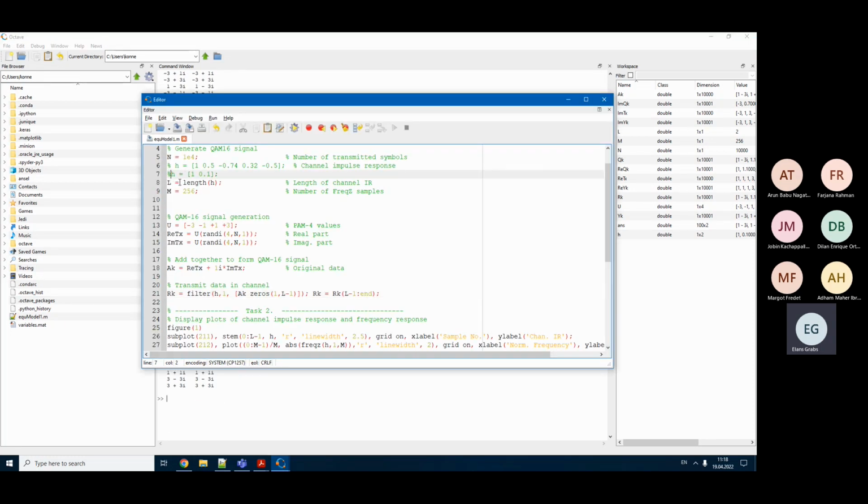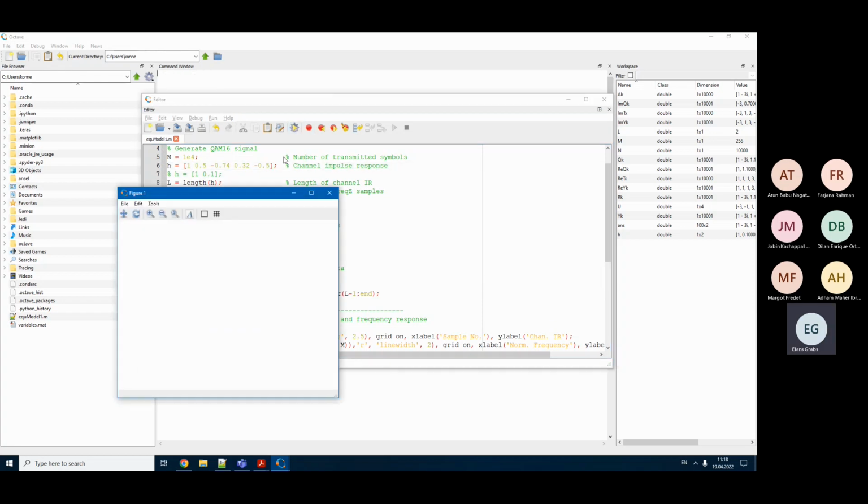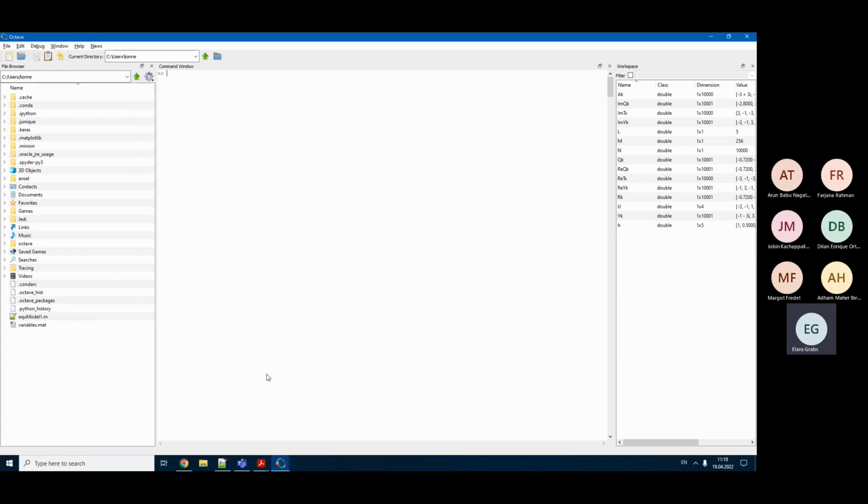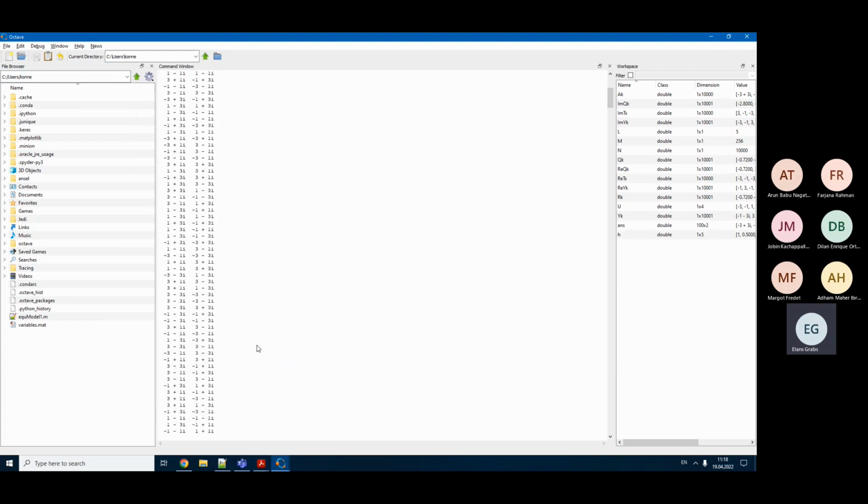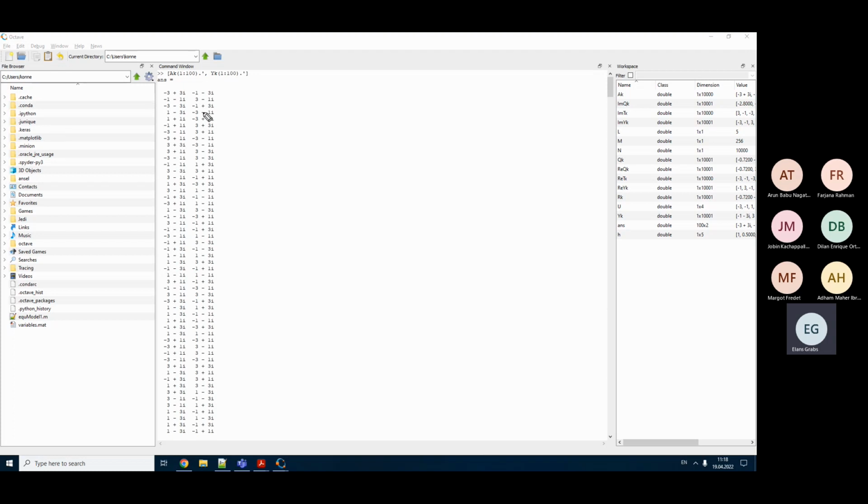So now if I return my impulse response once again, you will see that there will be some problems with detection. Even so, we have a lot of errors. Yes, sometimes, most probably, it will match, but it's very difficult to find manually.